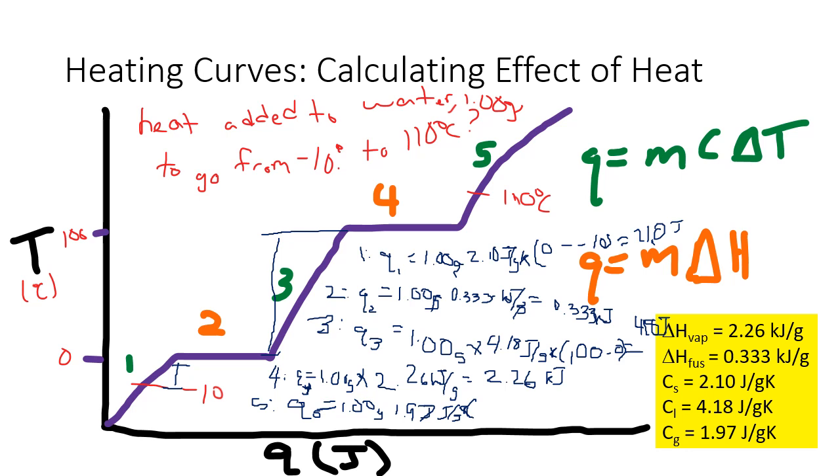And we are now going from 100 to 110. So 110 minus 100 gives you 10. And 10 times 1.97 is 19.7 joules.